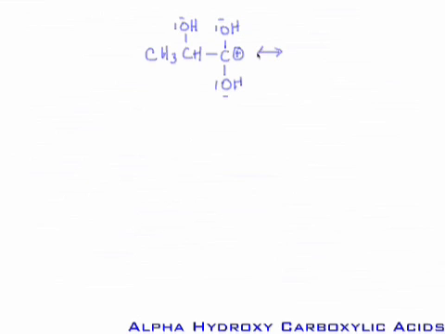And I can draw resonance contributors where I dump in one lone pair towards the positive charge. If I do this, I get a protonated carboxylic acid. Likewise, I could have dumped in the lone pair from the other oxygen. If I did that, I would get this resonance contributor.